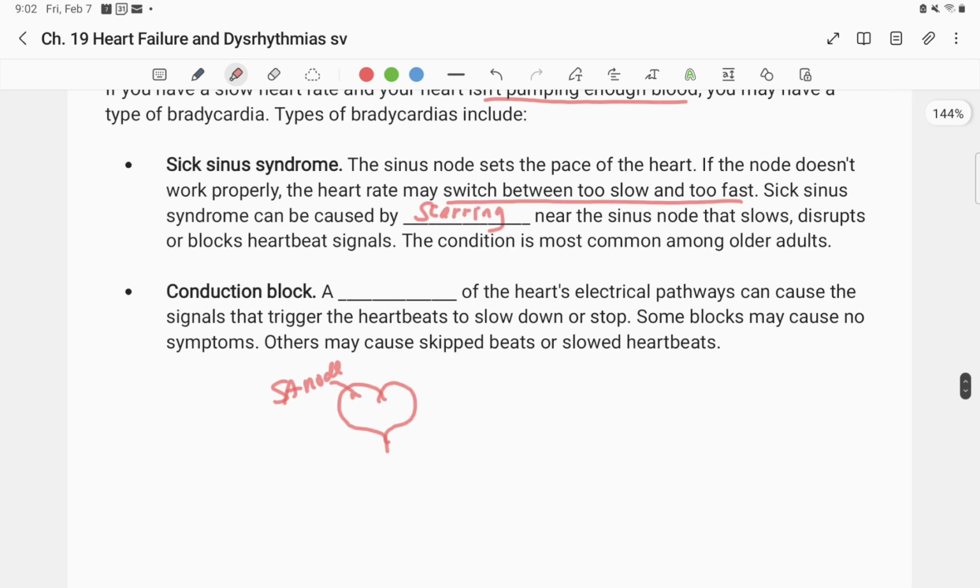A conduction block is a block of the heart's electrical pathways, which can cause the signals that trigger the heartbeat to slow down or stop. Some blocks may cause no symptoms. Others may cause a skipped beat or slow heartbeats.